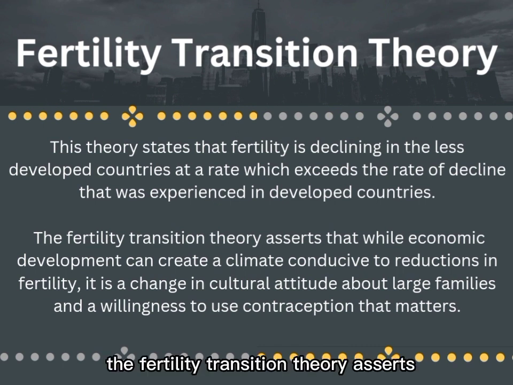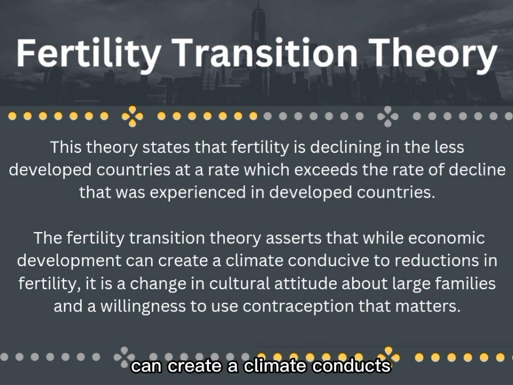It asserts that while economic development can create a climate conducive to reductions in fertility, it is a change in cultural attitude about large families and a willingness to use contraception that matters.